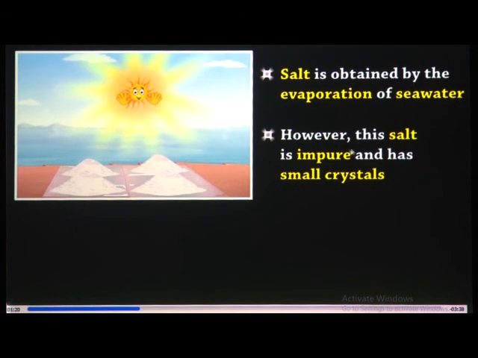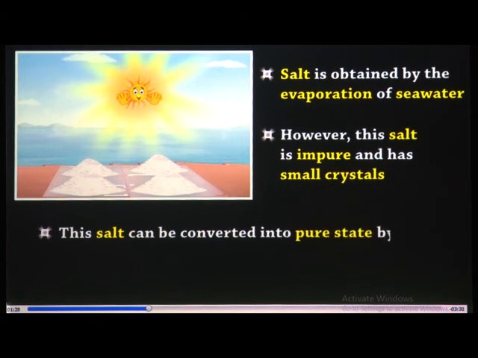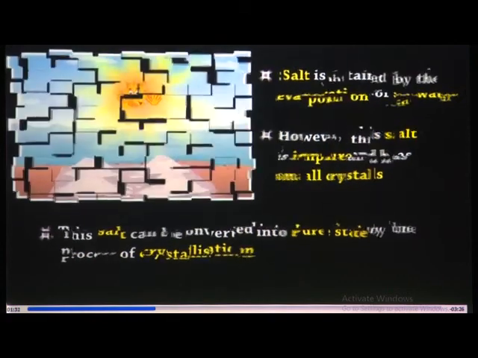However, this salt is impure and has some crystals. Whatever salt is there in seawater, it is impure, but by the crystallization process we can purify this salt. So how can we purify it?